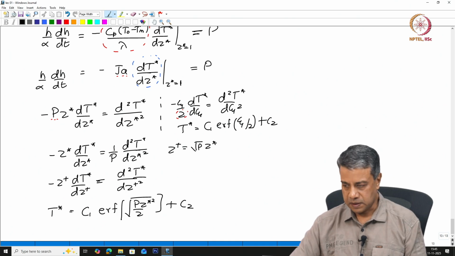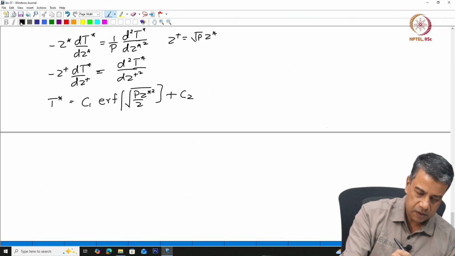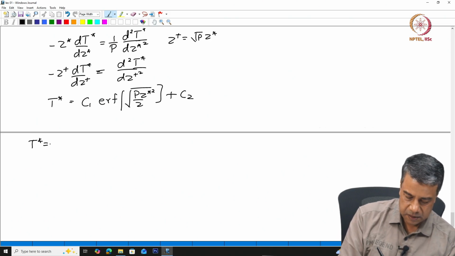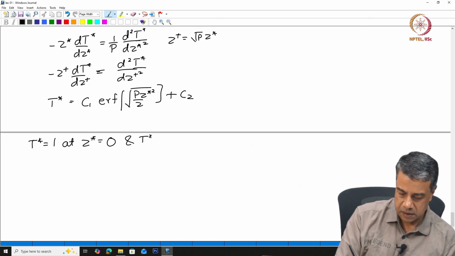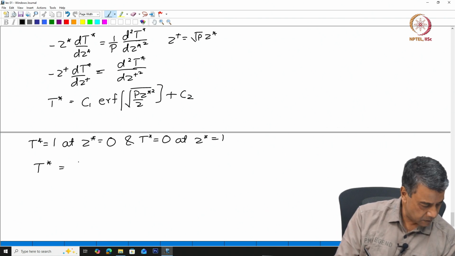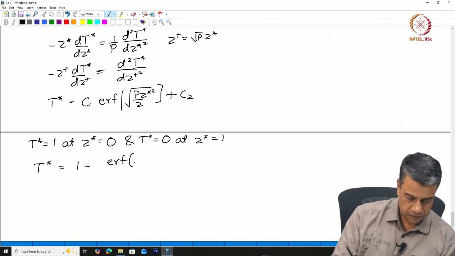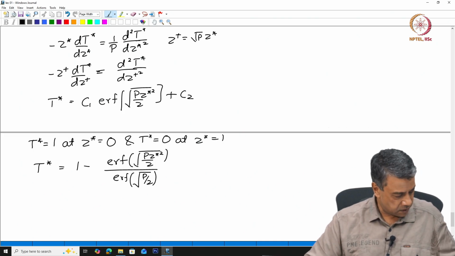Then you apply the boundary conditions: T star is equal to 1 at z star is equal to 0, and T star is equal to 0 at z star is equal to 1. And you get the final solution: T star is equal to 1 minus error function of root of p z star by 2, divided by error function of root of p by 2. So that is the final solution for the temperature field.